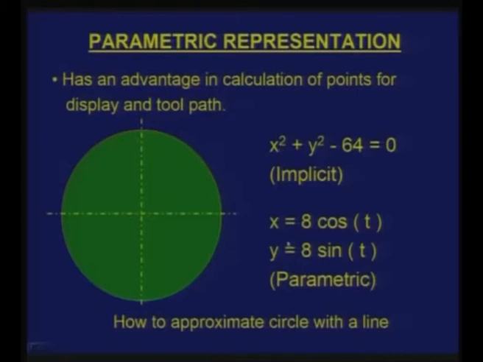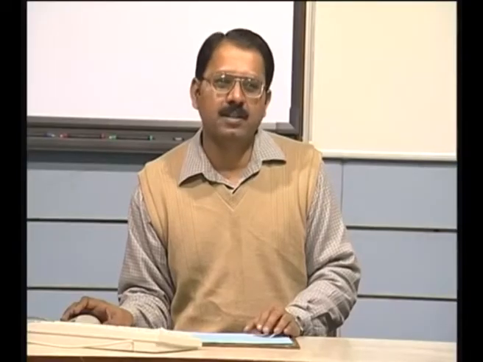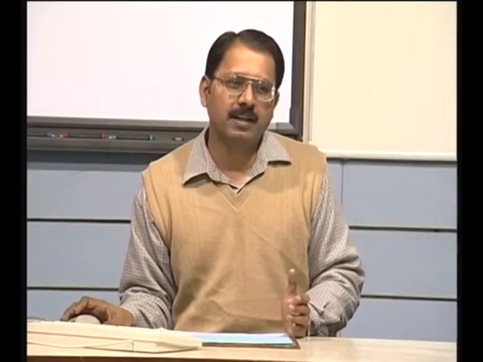When it comes to parametric representation, you have an advantage. It is not true for all entities. For a circle it is okay, but for others it is not necessary that by varying t I will always get equal size line segments, but it would be much more uniform than implicit or explicit representation in many cases.